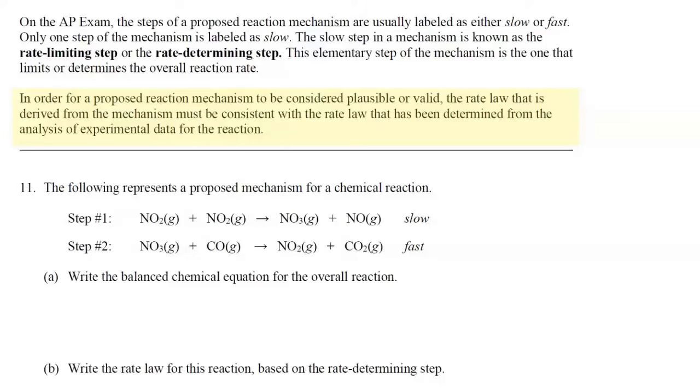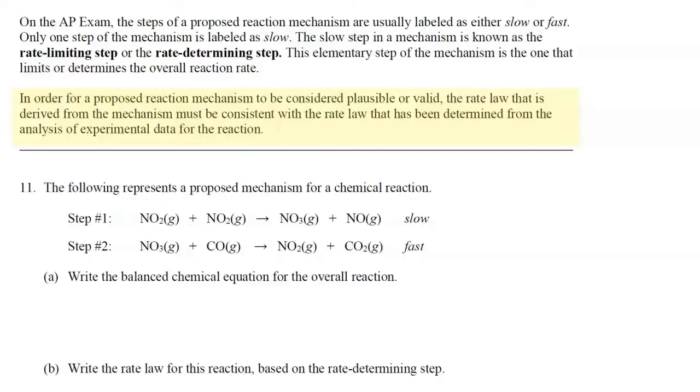So what we're going to see in this part of the video as we take a look at questions 11, 12, and 13 in your packet is that we have these mechanisms in which one of the steps is labeled as slow and then another step is labeled as fast, and not only are we going to add the steps together to get the equation for the overall reaction, but we're going to have to focus our attention on that slow step, that rate determining step. That's how we can figure out the rate law for the reaction, by focusing on that slow step.